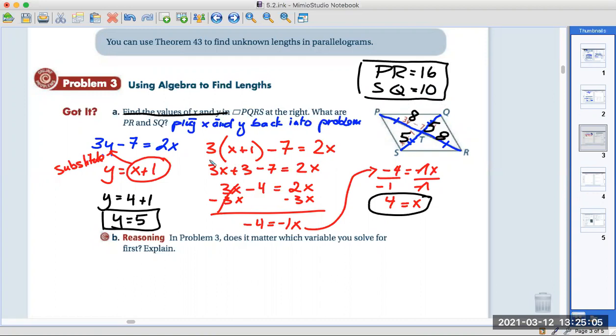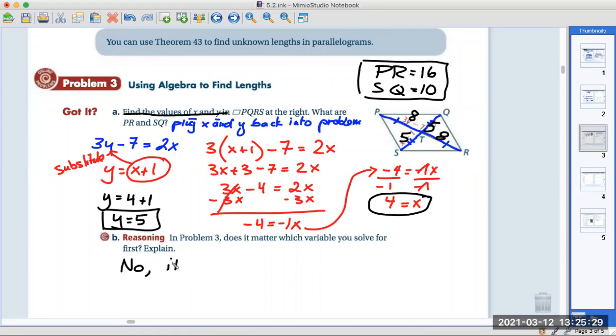Look it over. This is a very tricky question. You might not be familiar with substituting. So look at it, pause it, copy it good, watch it one more time. You'll have one of these on homework, okay? And then in problem 3, which this is one, does it matter which variable you solve for first? Nope, absolutely not.